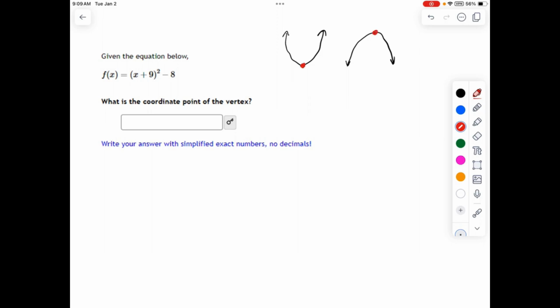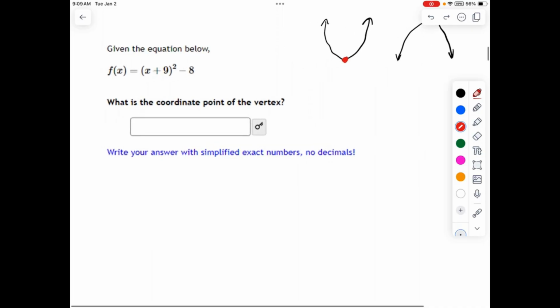Now, once you know what a vertex is and where it is on the graph, it becomes a lot easier to find it. For this particular equation, there's a couple of ways we could find it. The easiest way, the shortcut, is that you might recognize this is in vertex form. We call it vertex form because what can we easily find from it?